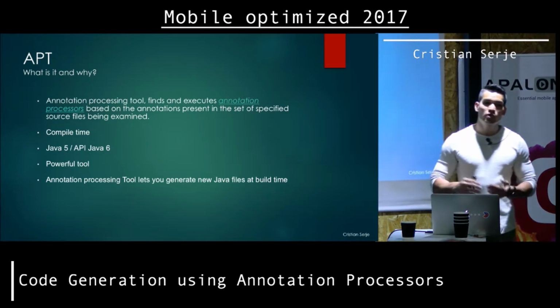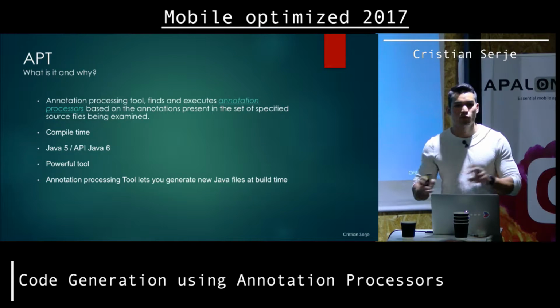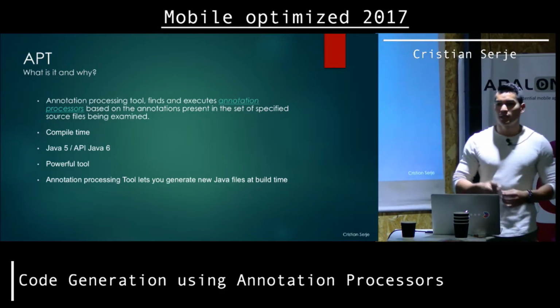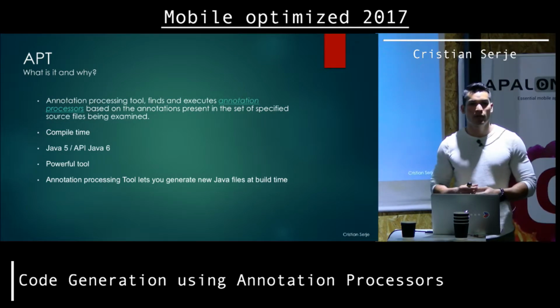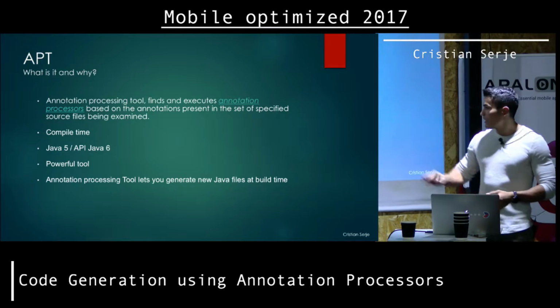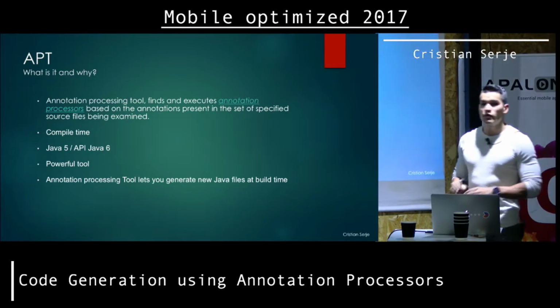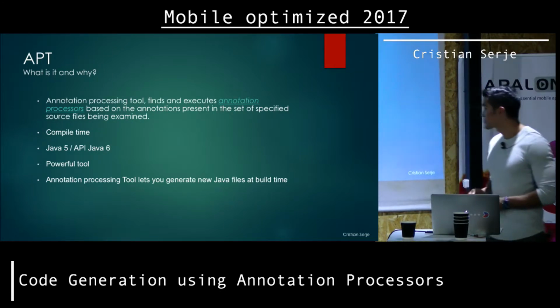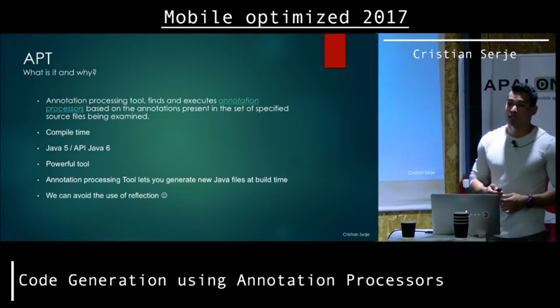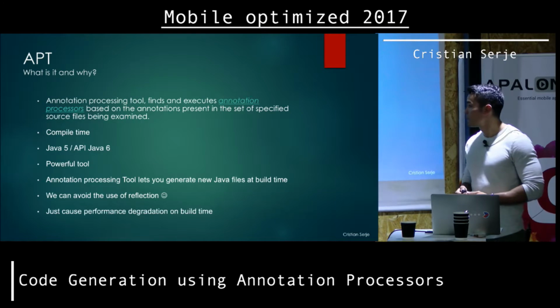Well, in fact, you can modify them, but with a hack. After it's compiled, you can modify the bytecode, like Project Lombok does, but it's not the standard way of doing it. So let's stick to generating new Java files at build time, and we can avoid using reflection. Like I said, it's a huge pro.